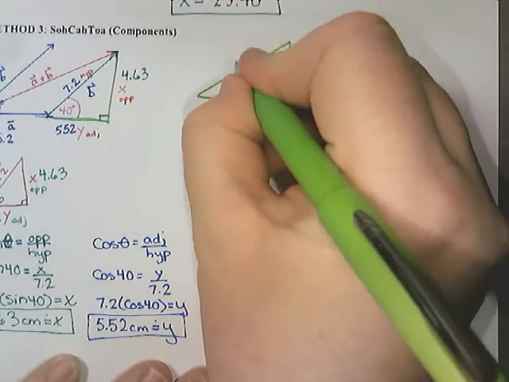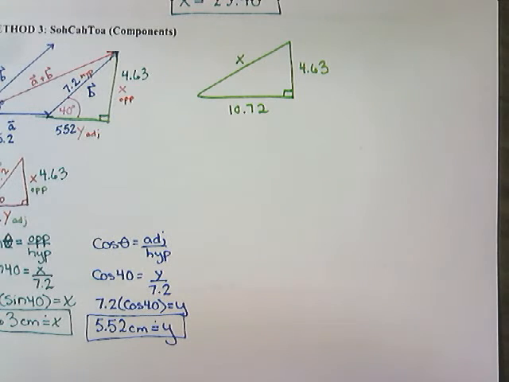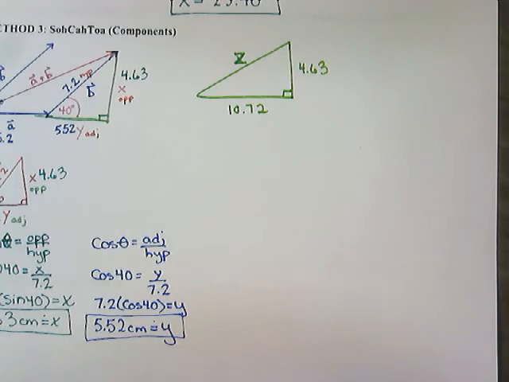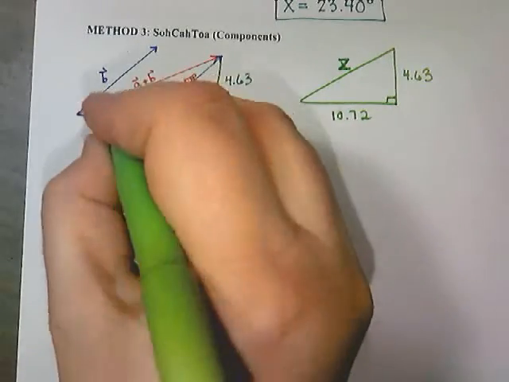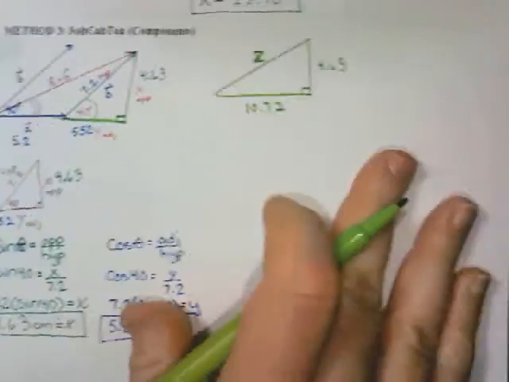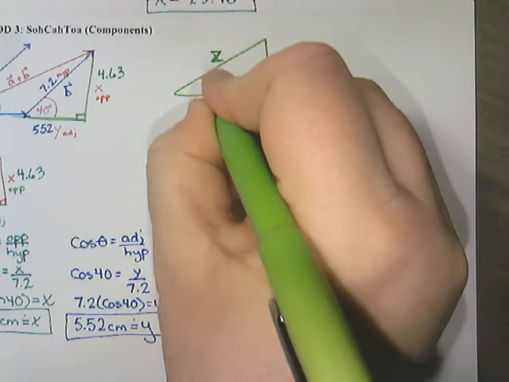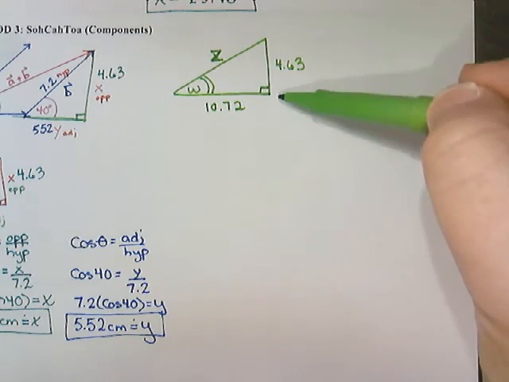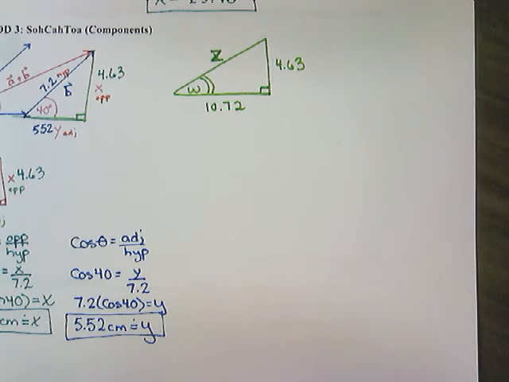And we are hoping to find that side there. Now, I've already used x and y, so maybe I should call that z. And we are also going to need to find this angle in here. So I'm going to need to find that. So let's call that w. So to find z, I could just simply use Pythagorean theorem.